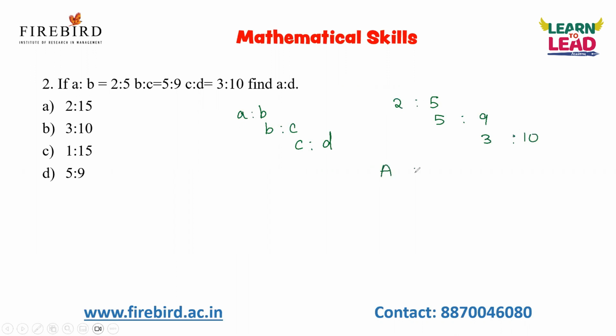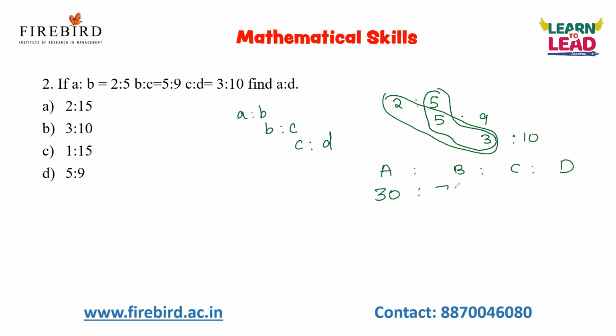So, to find out the ratio of A is to B is to C is to D, first multiply 2 into 5 into 3 for A. What is 2 into 5 into 3 for A? 30. And for B, 5 into 5, 25, 25 into 3, 75. And then for C, 5 into 9 into 3, 45 into 3, 135. And for D, 5 into 9, 45, 45 into 10, 450.